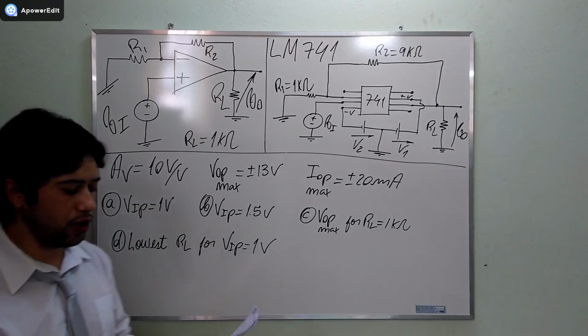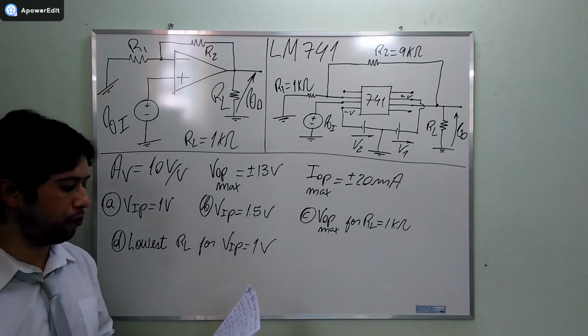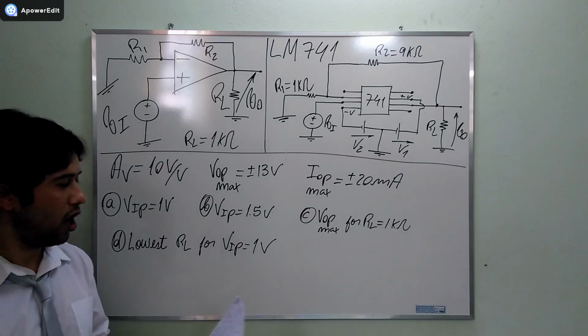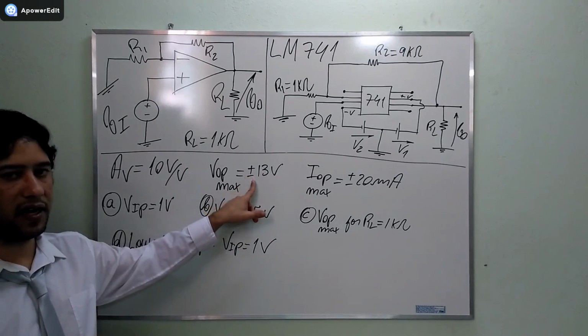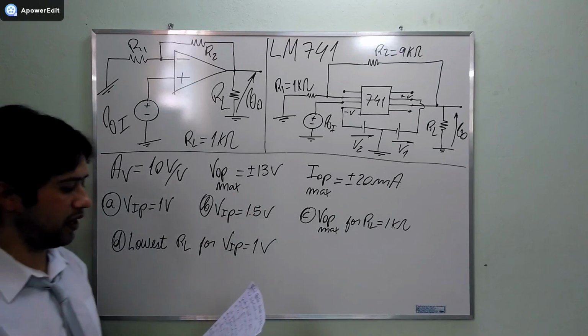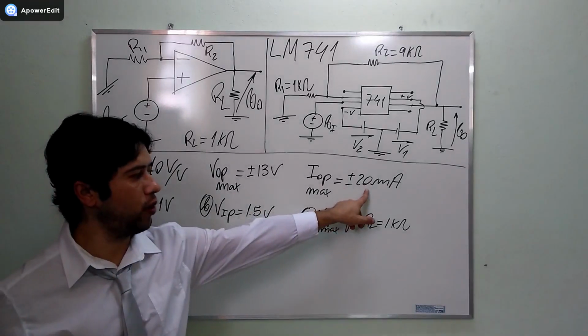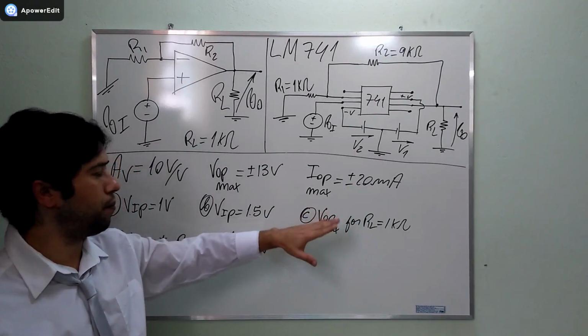The operational amplifier is specified to have output saturation voltages of positive 13 volts and negative 13 volts, and output current limits of positive 20 milliamperes and negative 20 milliamperes maximum.